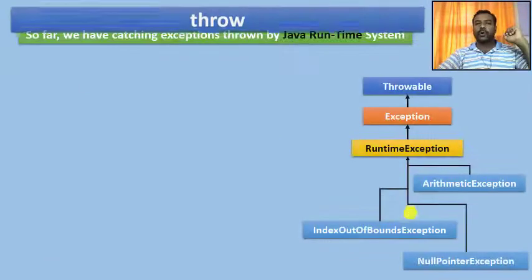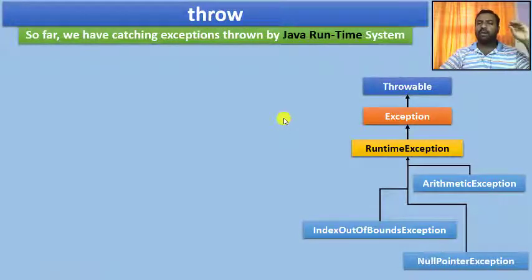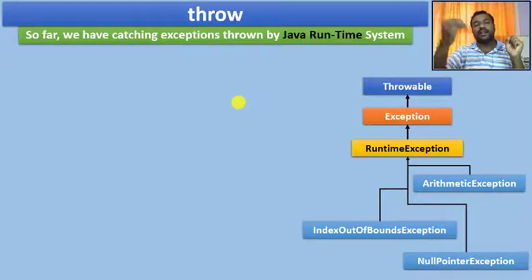Now if I talk about throw, until now whatever exception was thrown from the try block to a catch block was created by the Java runtime. The Java runtime created the exception whenever there was a runtime error, and that exception was thrown by the Java runtime every time by default.